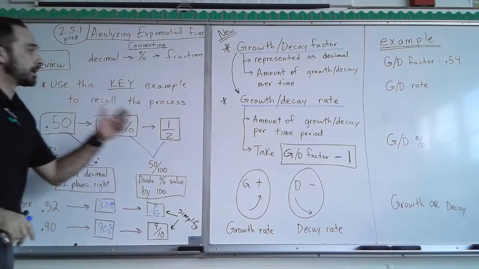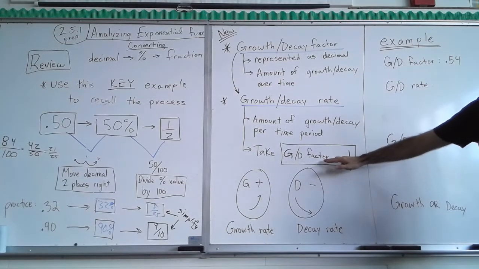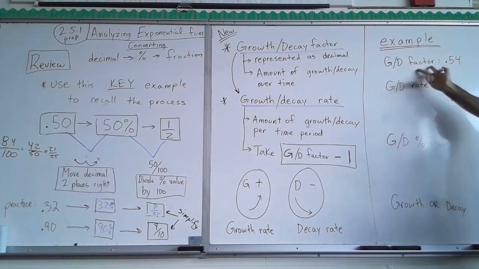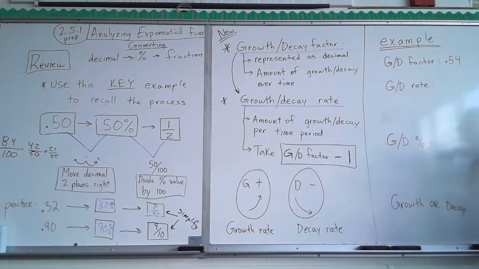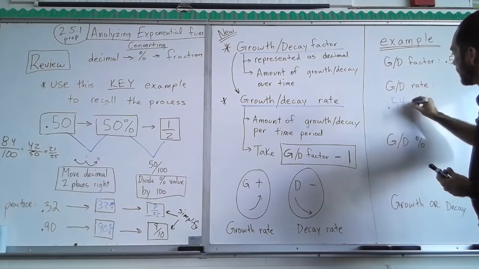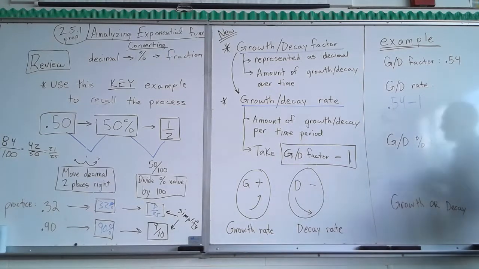All right. The way that we figure that out is just taking the growth decay factor and we just subtract 1. So let's use this example up here. If I had the growth decay factor, which is going to be given, and it's 0.54, to find the growth decay rate, I take 0.54 and I subtract 1. You're going to start to see some easy ways to figure this out.